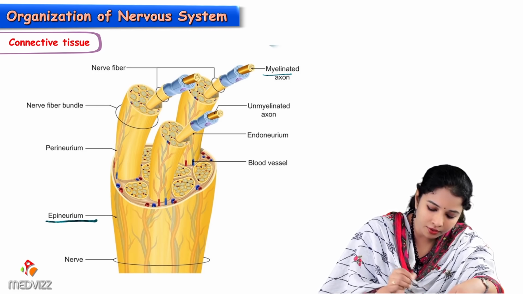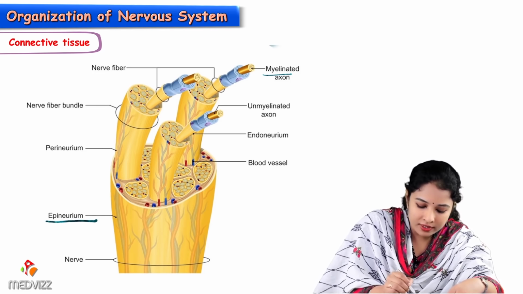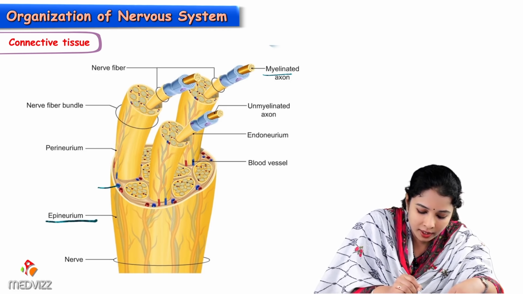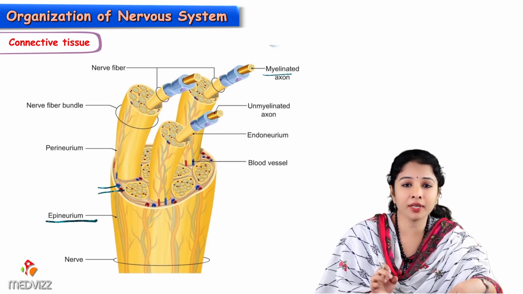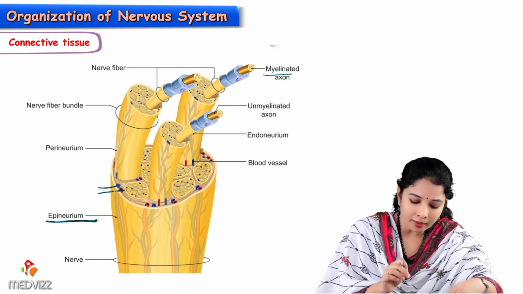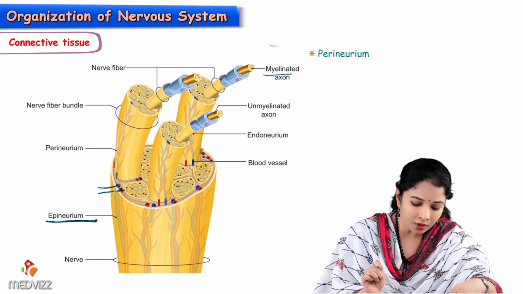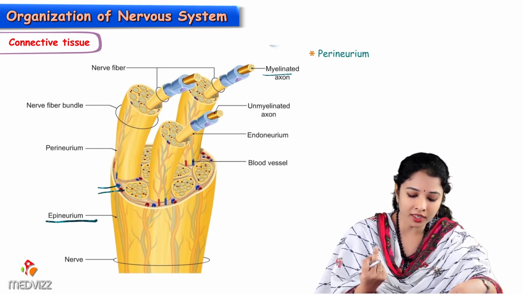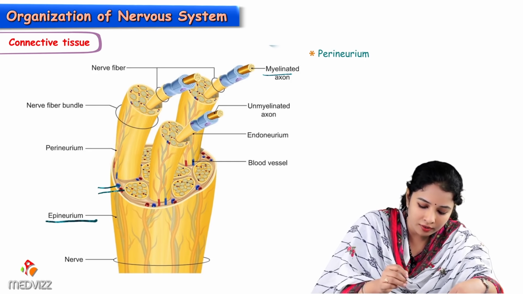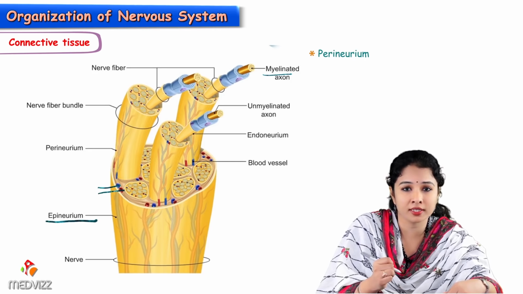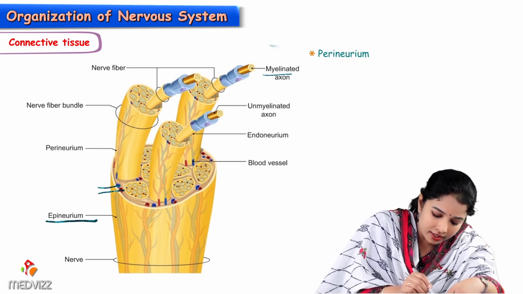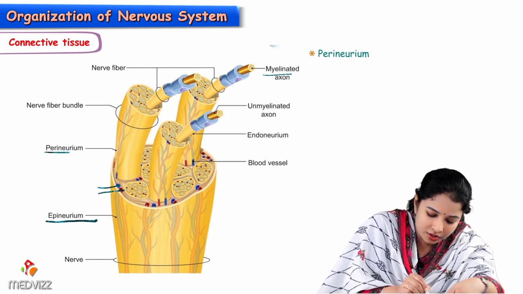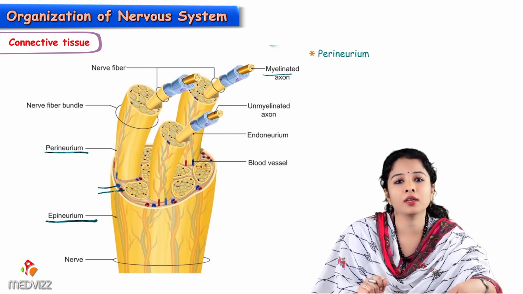So this is the epineurium, and we can see the blood vessels and nerves traversing the epineurium, which supply the complete peripheral nerve. And apart from the epineurium, the layer of connective tissue surrounding each bundle of nerve fibers, which is called a nerve fascicle, is called perineurium.